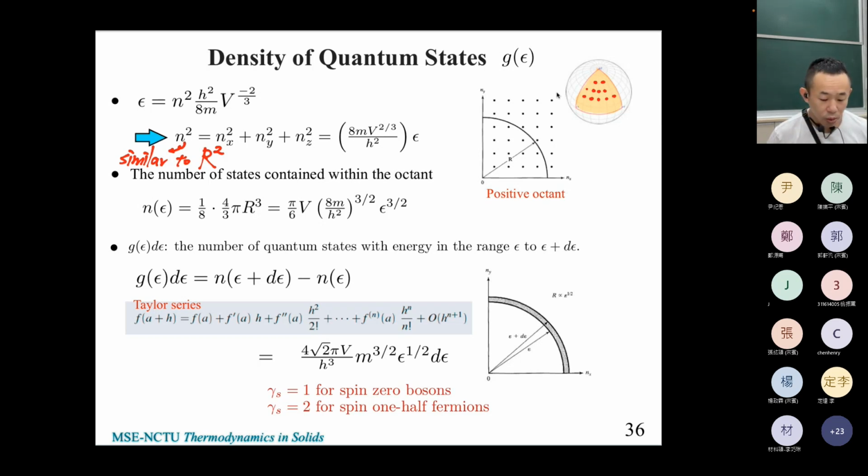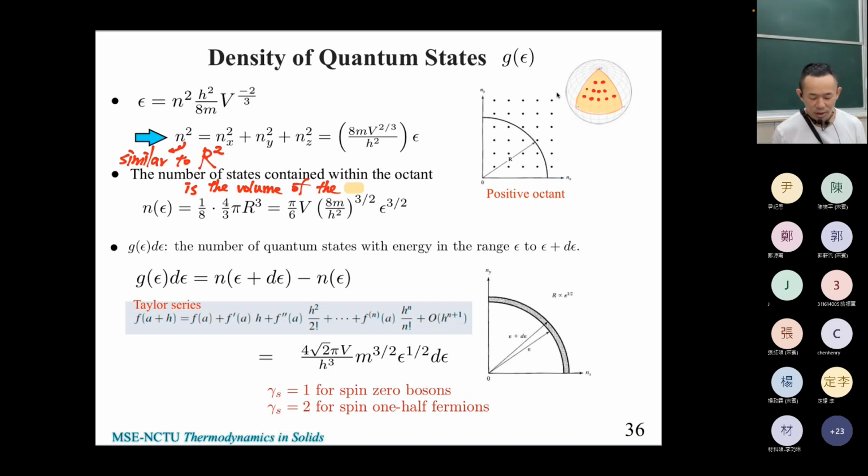So the number of states obtained within that octant, just this one, the yellow region, actually is, oh, this is really important, and I think this is really smart, really clever, the volume of the yellow region.